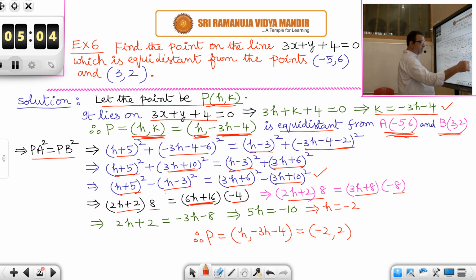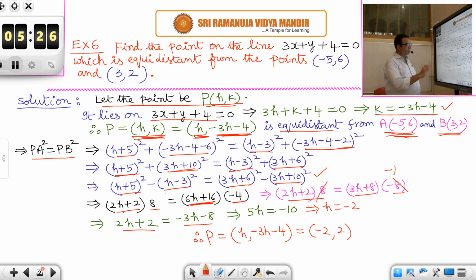So that I can now cancel out 8. If I cancel out 8 here and 8 there, but minus sign will remain. So 2h plus 2 will be equal to, because the minus 1 is remaining, minus 3h minus 8.